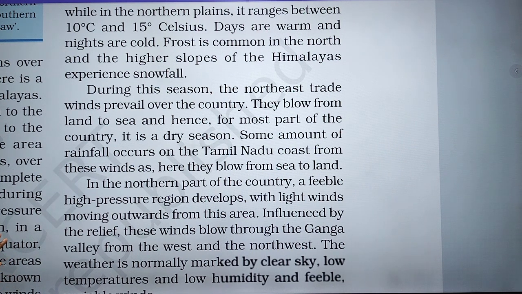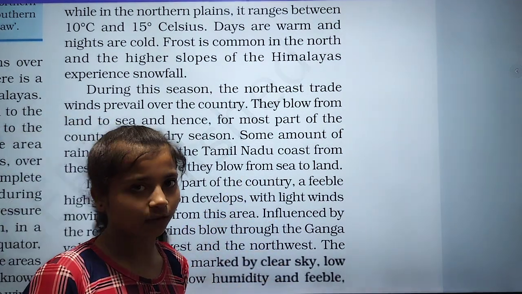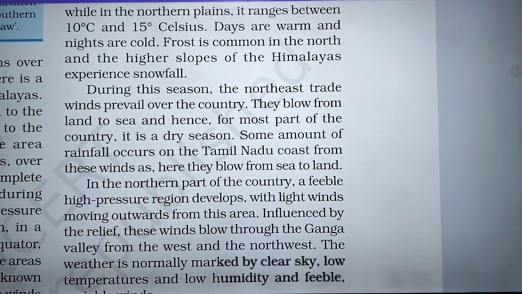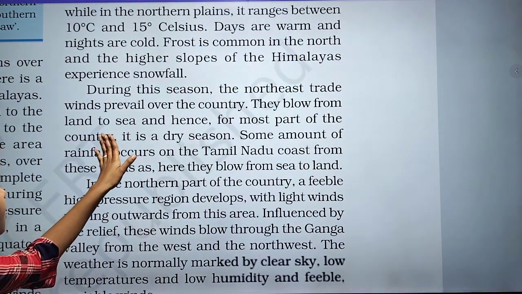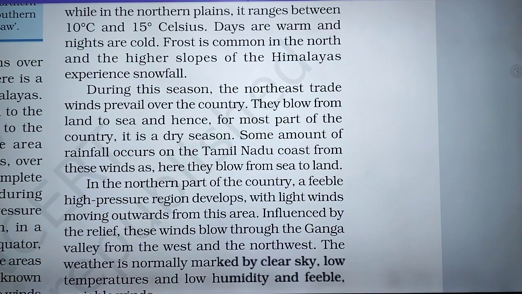They blow from land to sea, and hence for the most part of the country it is a dry season. Some amount of rainfall occurs on the Tamil Nadu coast from these winds.